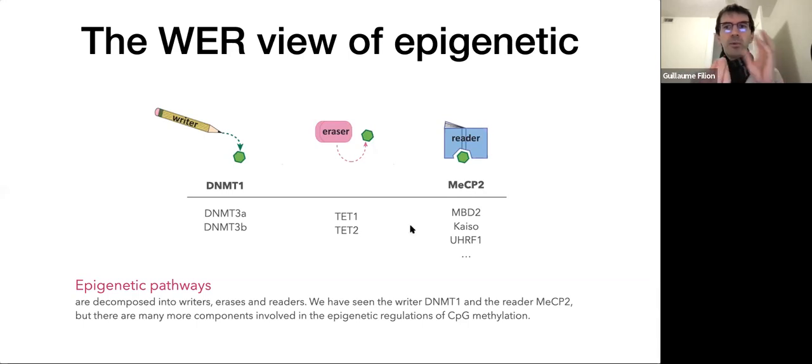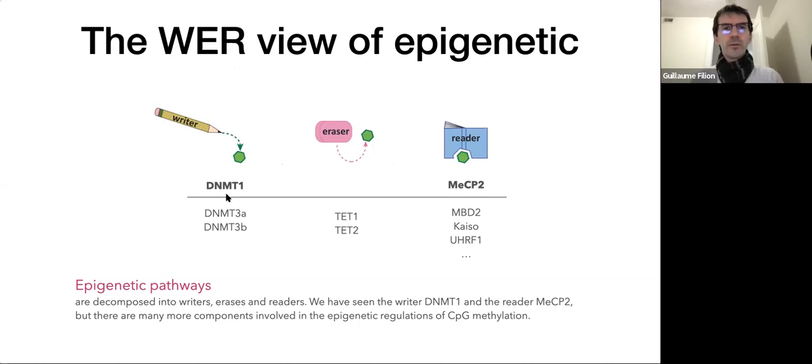So if you can put it, you have to be able to erase it somehow, but you also have to be able to read it, and that's an important component, because this information per se is just a signal. It does not have an action by itself. There has to be an interpreter that is able to do something with that information.